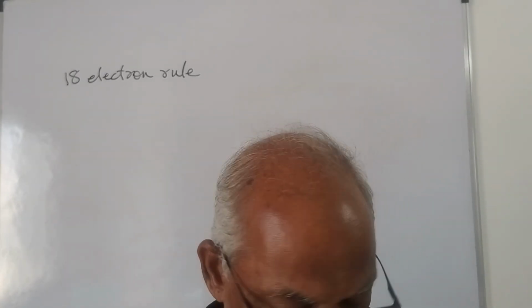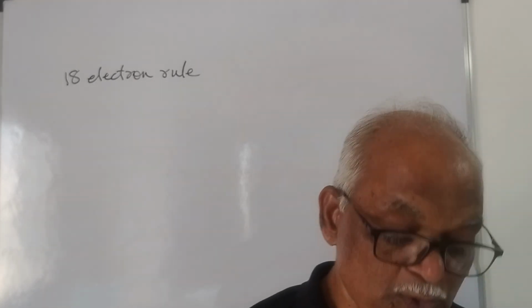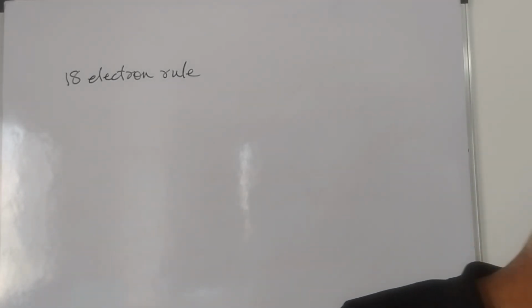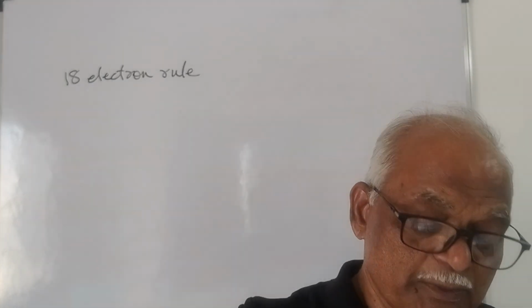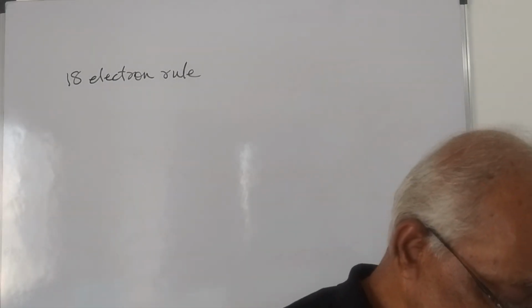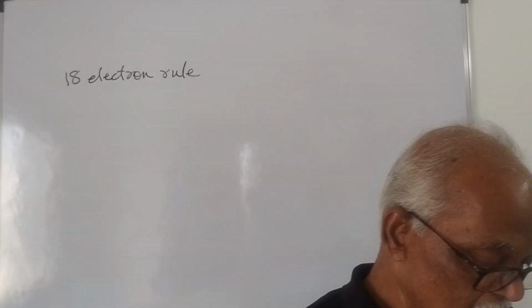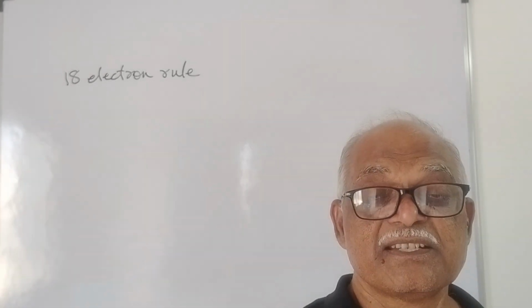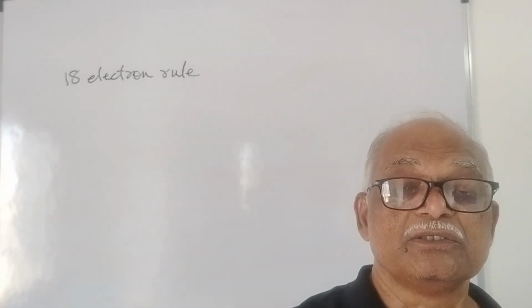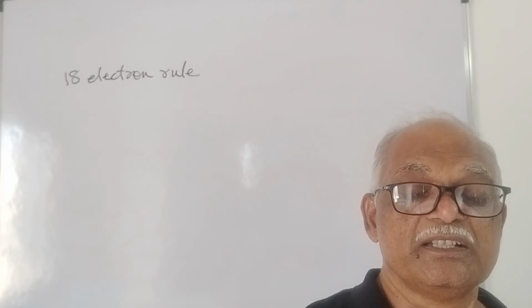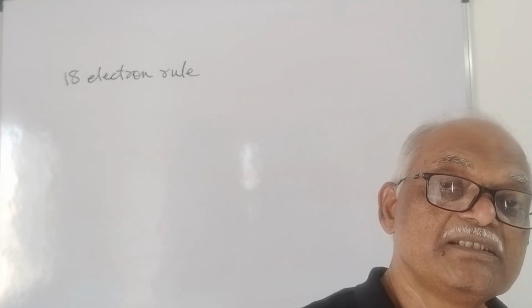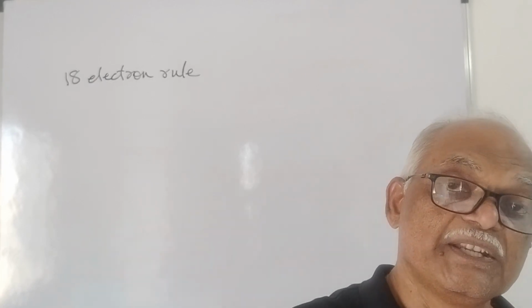In this case, S is equal to 8. That is the only difference, and the rest of the things are the same. If we consider the overall transition block, the d block, then this rule fits very well.